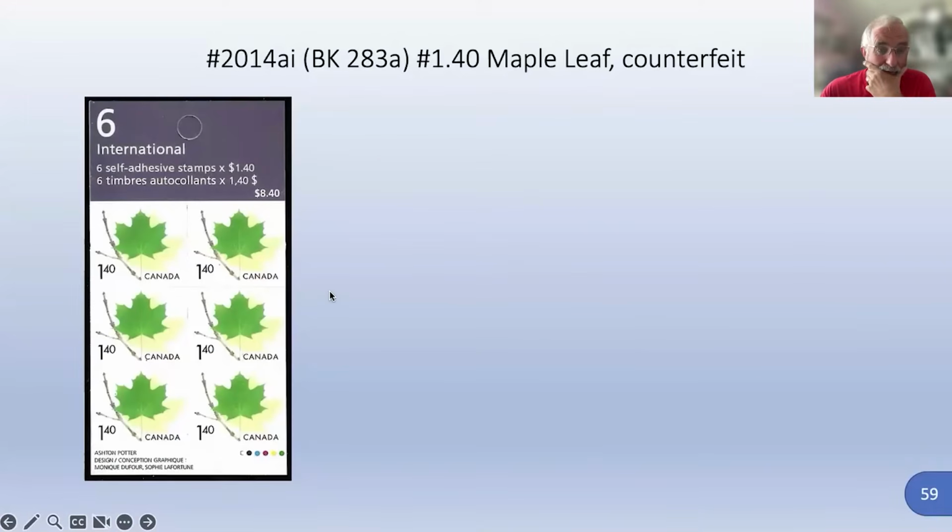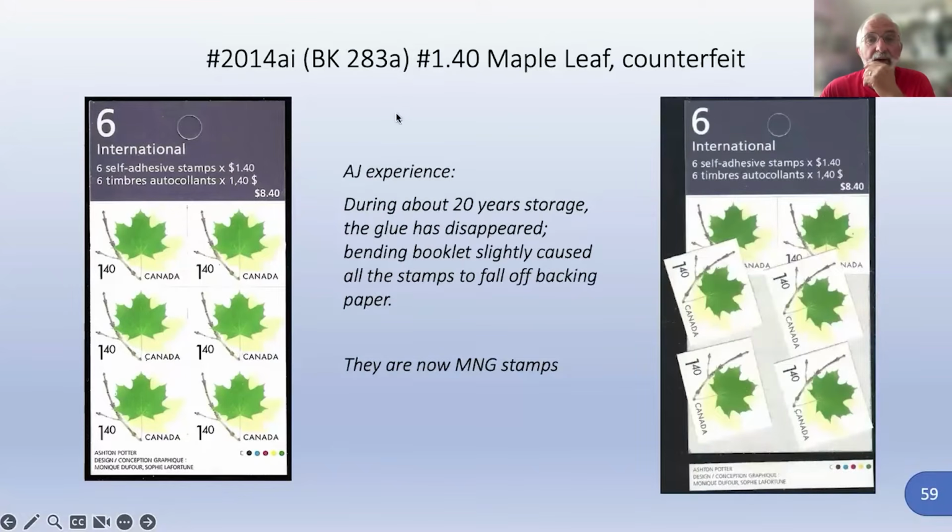Here is a counterfeit also. This is another wonderful counterfeit. But my experience is that after 20 years of storage, the glue disappeared. When I bent the booklet, preparing for the presentation, the stamps all fell off. They are now mint no gum. So the solvent that was attaching the glue, or the glue itself, has evaporated.